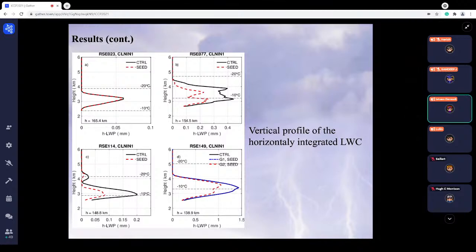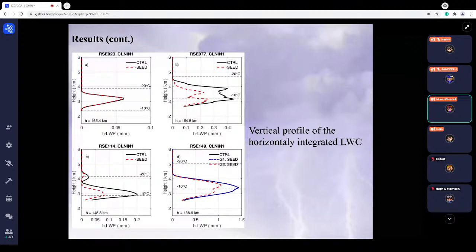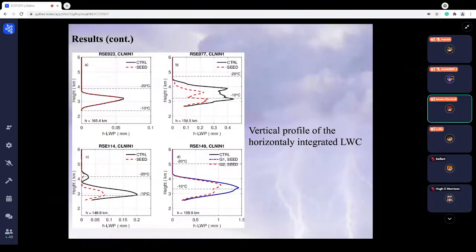Okay, so now we look at how we can explain that sometimes we have a relatively large seeding effect, and sometimes we don't have a seeding effect. Here you can see some explanation. This figure shows the vertical profile of the horizontally integrated liquid water content, and the direction of the horizontal line is the propagation of the reagent. So it describes the environment of the spreading reagent.